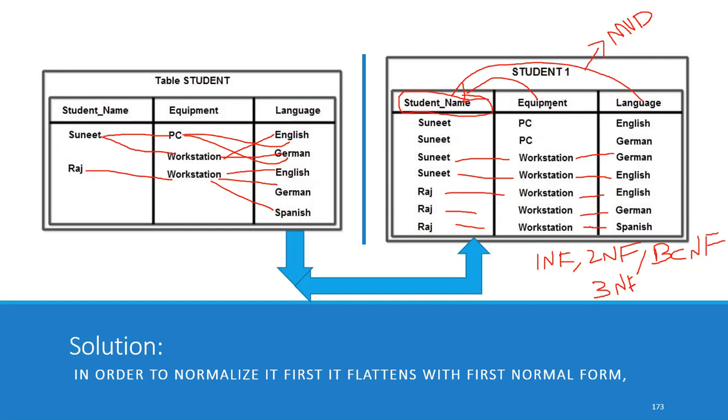So equipment and language depend on student name, and these two are independent. This is called multi-valued dependency. Now we are going to decompose this table into smaller tables, separating the language column into another smaller table with the student name column. So now we are removing the multi-value dependency.